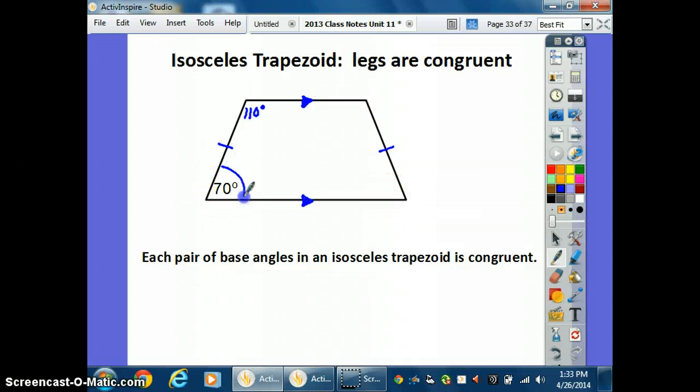So this base angle is congruent to this one, making that 70. And this base angle up here is congruent to this one, making this 110. Each pair of base angles in an isosceles trapezoid is congruent. So 70, 70, 110, 110. You can see it's obtuse. And then these are the acute ones. Okay.